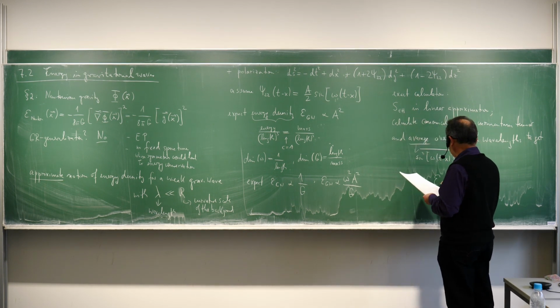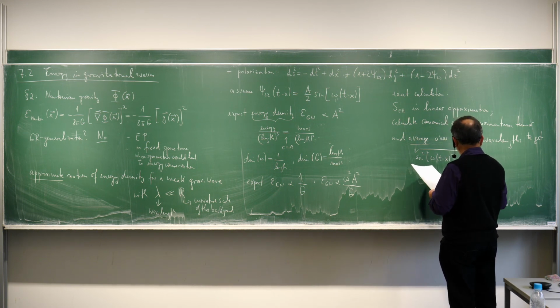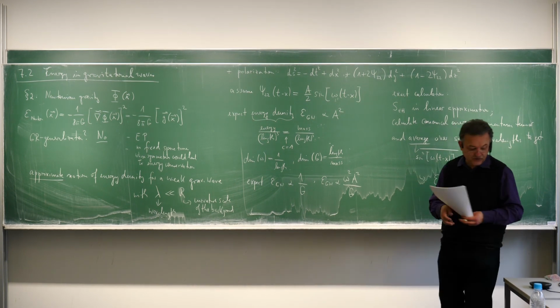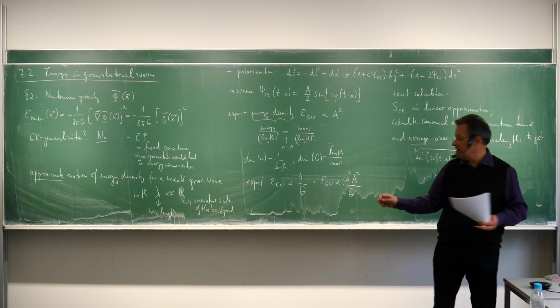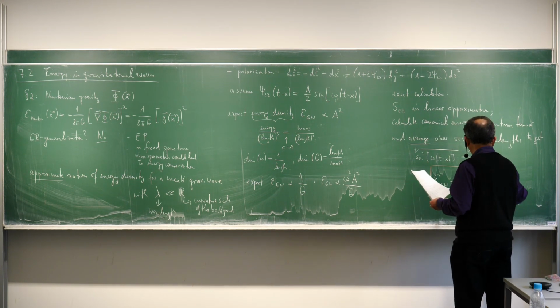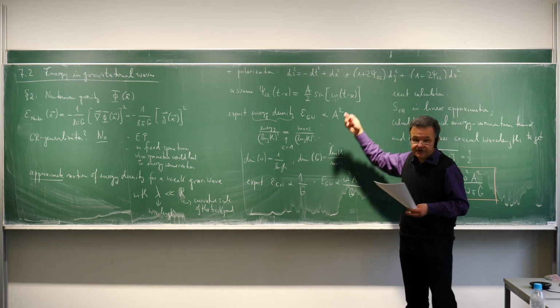At the end you get the following expression, which is omega squared a squared over 32 pi G. That would be the energy density that you associate with this weak gravitational plane wave of that form.